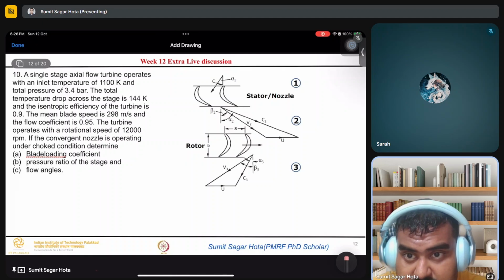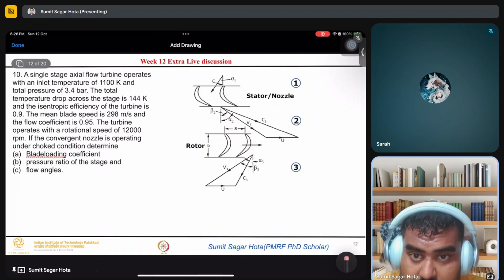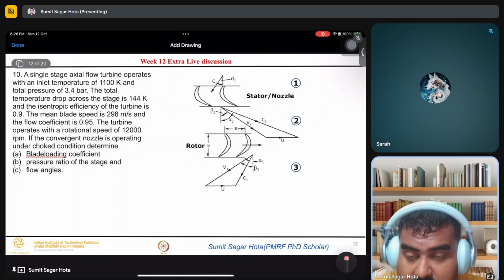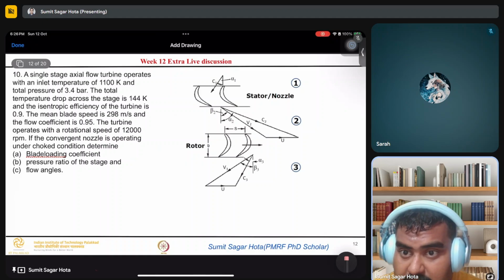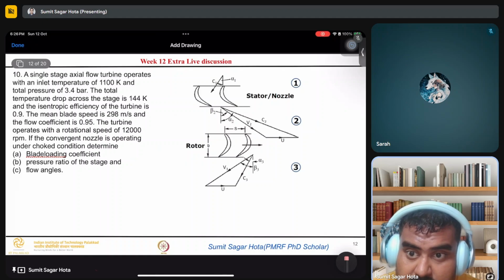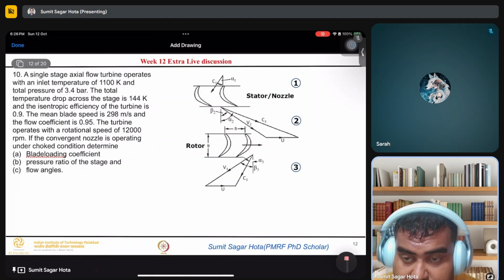The total temperature drop across the stage is 144 Kelvin and the isentropic efficiency of the turbine is 0.9. The mean blade speed is 298 meter per second and the flow coefficient is 0.95. The turbine operates with a rotational speed of 12,000 rpm. If the convergent nozzle is operating under choked condition, then determine the blade loading coefficient, the pressure ratio of the stage and the flow angles.